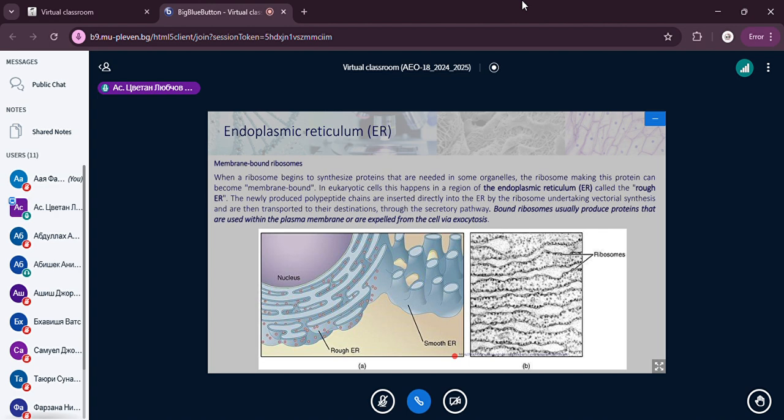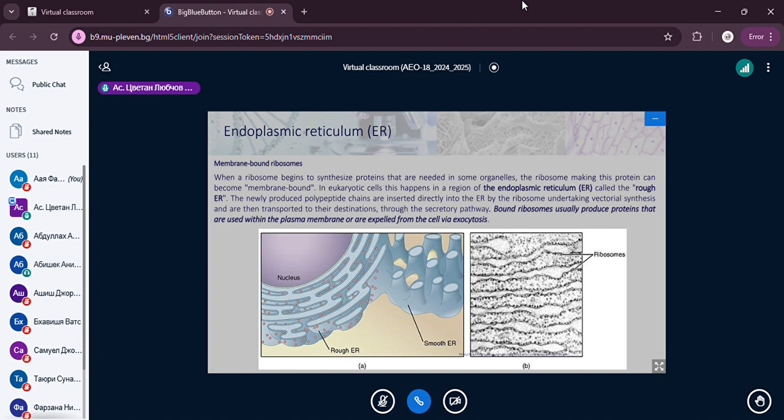Okay, then what else can the smooth endoplasmatic reticulum do? Well, it can detoxify toxic components. For example, it's very important in liver cells. So this in general is what we need to talk about the endoplasmatic reticulum.